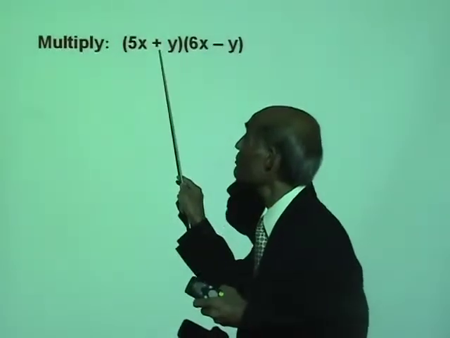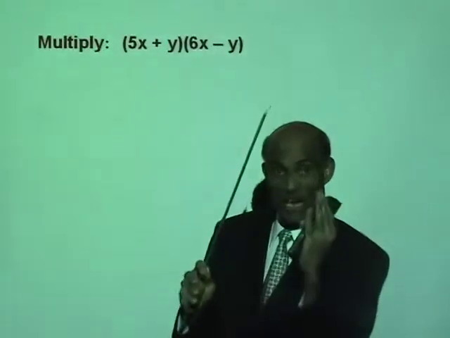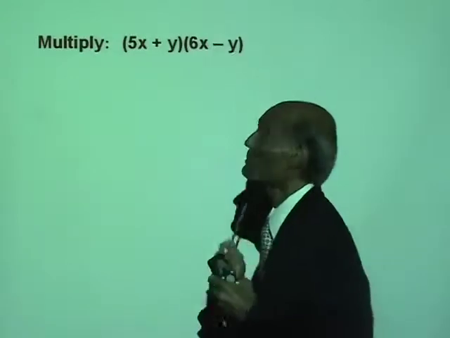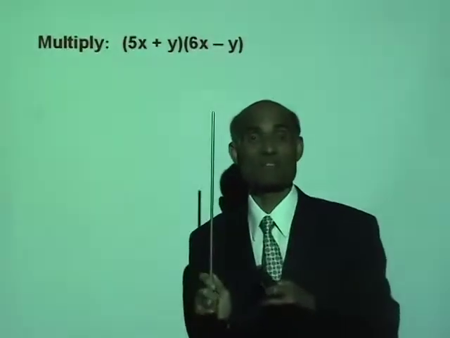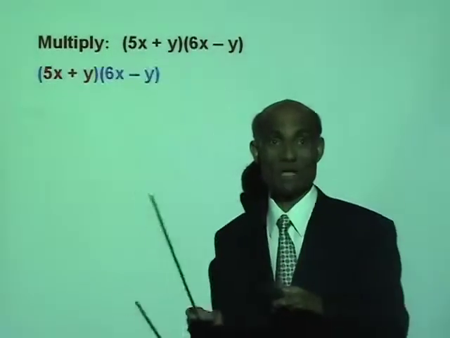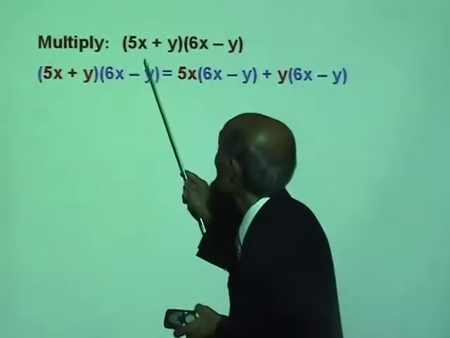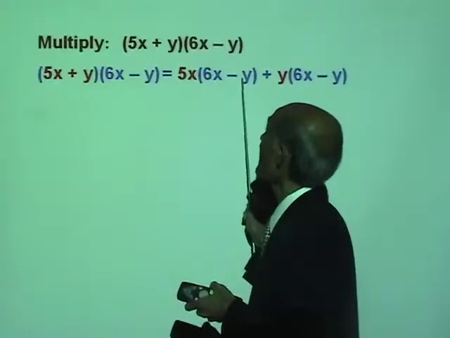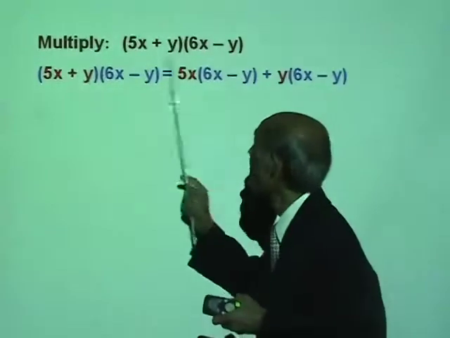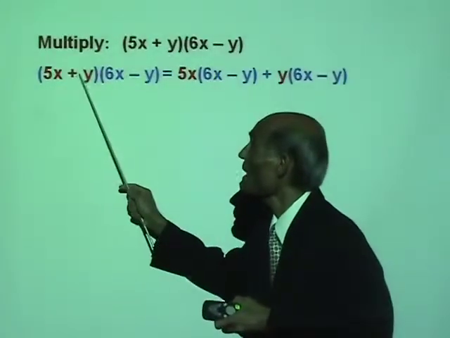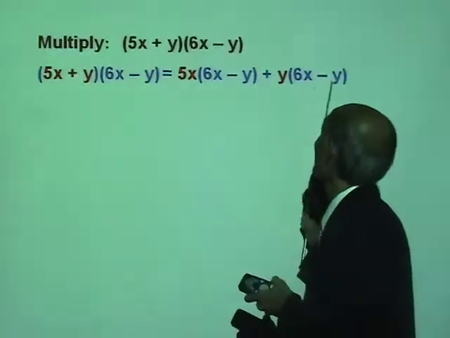Then take plus y, take that sign with it, plus y, and multiply it with the quantity 6x minus y. Alright, let's do that. So this will be 5x times 6x minus y, plus y times 6x minus y. You see the sign there is this sign.